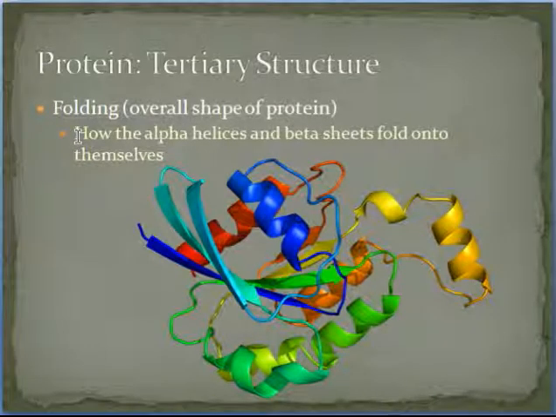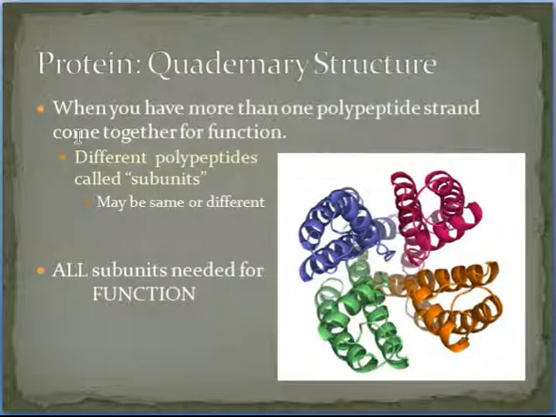So picture a couple of these tertiary strands. You have the tertiary structure of this string and the tertiary structure of a different string come together. Like in this picture, you can see each of these colors was a different polypeptide strand, and they all come together and stick together. Each individual polypeptide is called a subunit.